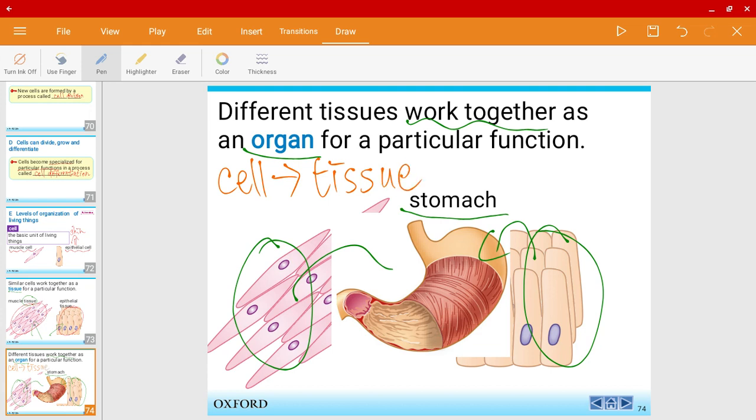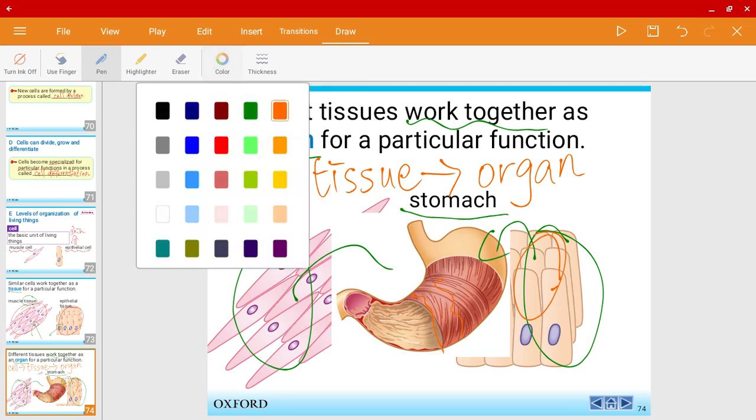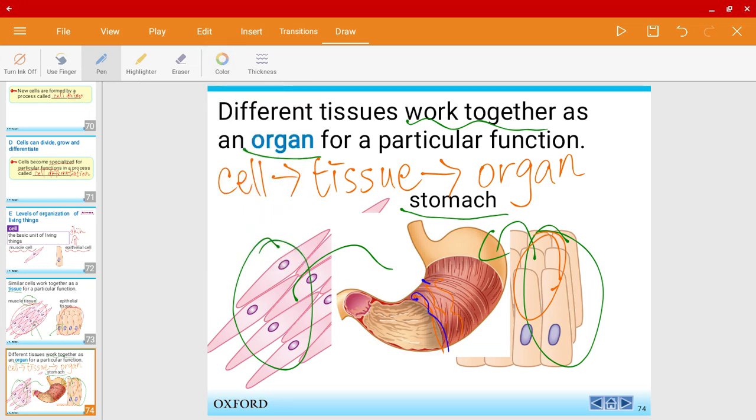And after you get a lot of muscle tissues, and for example, you have epithelial tissues, you can have an organ. So for a stomach, of course, in the stomach you have some muscle tissue over here. Let me use a different color. These are muscle tissues, and there are some epithelial cells because they are on the outermost layer of the stomach.